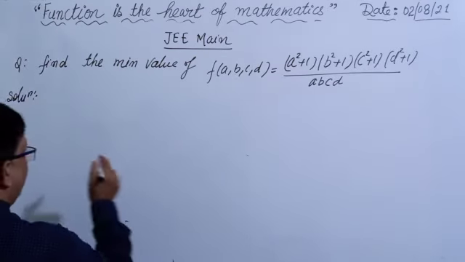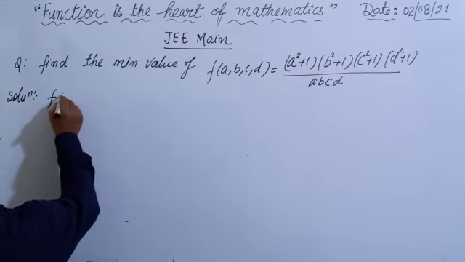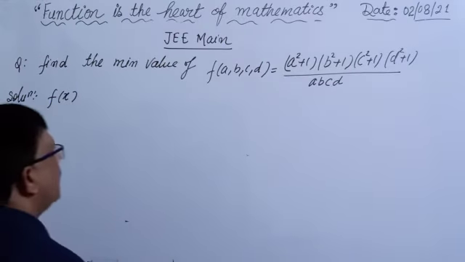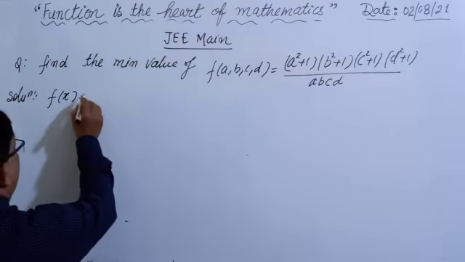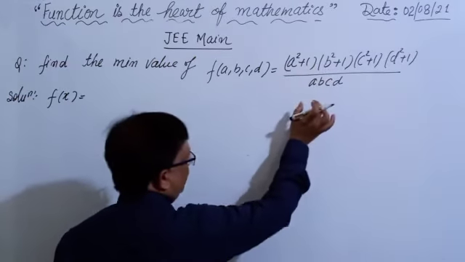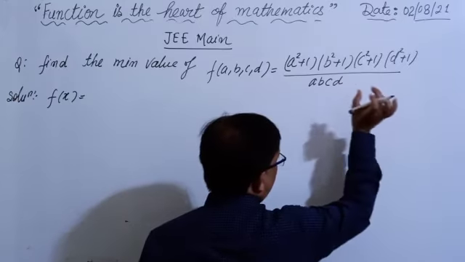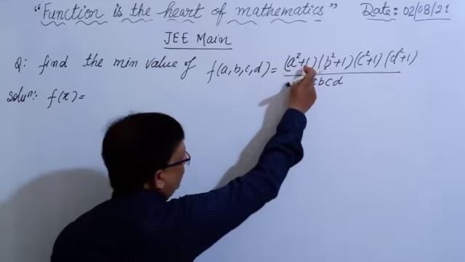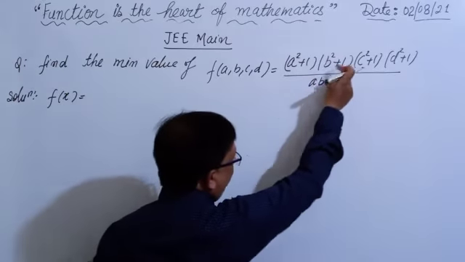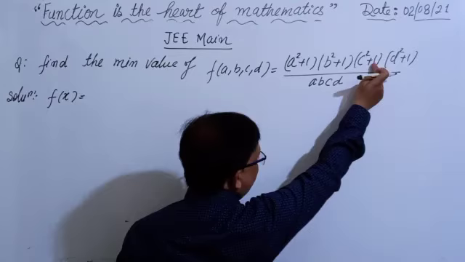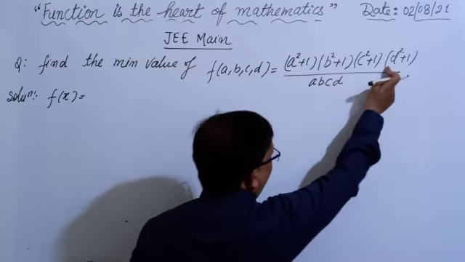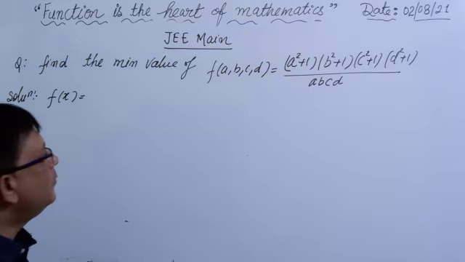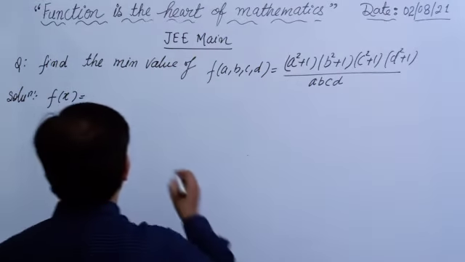First we write our function. In place of a, b, c, d we use x. So our expression is f = (a square plus 1)(b square plus 1)(c square plus 1)(d square plus 1) over abcd.